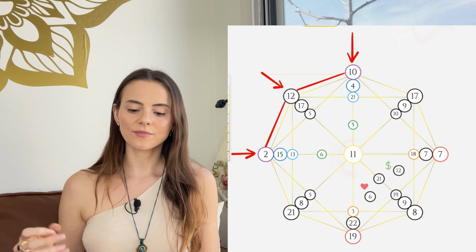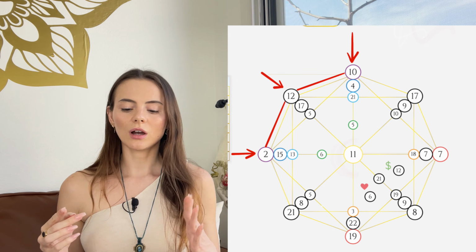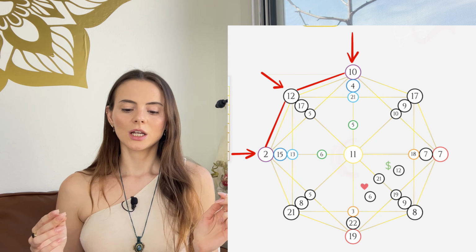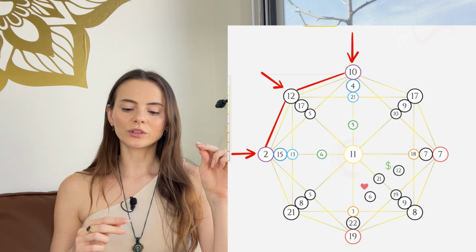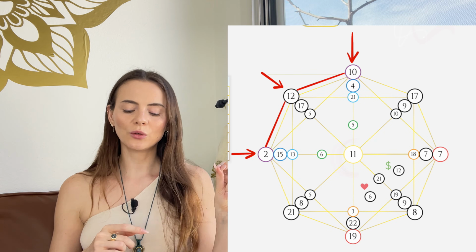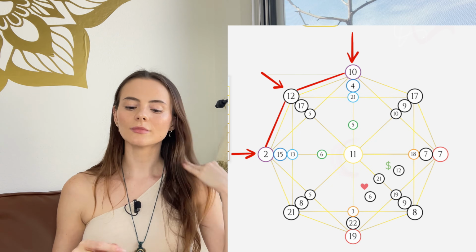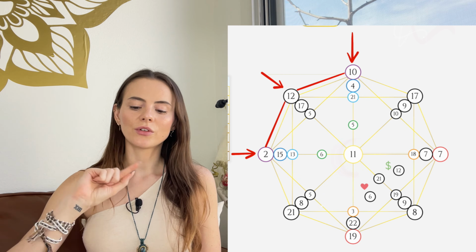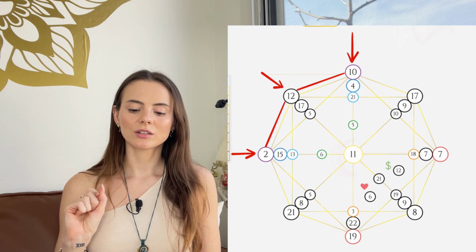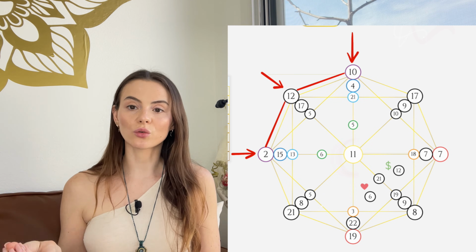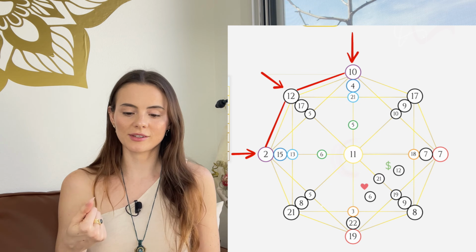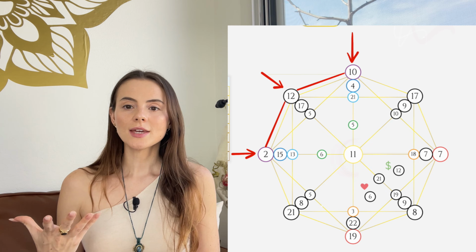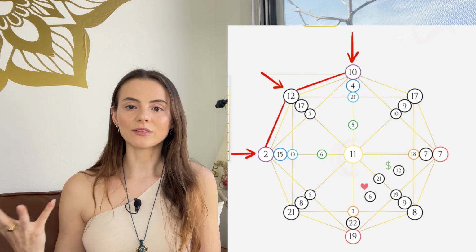In this case, if you look at the top left corner, there are 3 corner energies: 2, 12, and 10. These are the 3 energies that show you what you can do to inspire yourself, what brings you inspiration in life, that life energy.